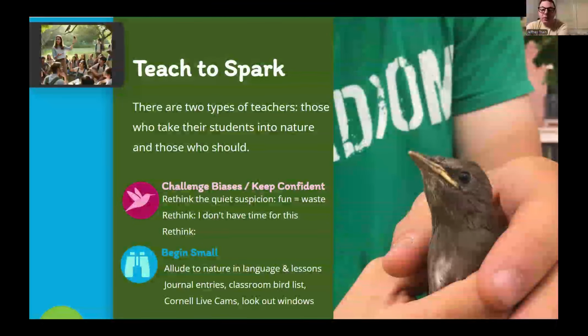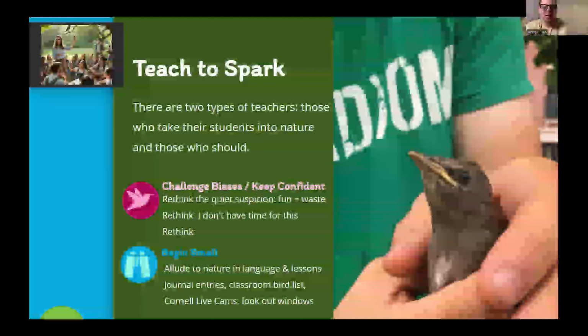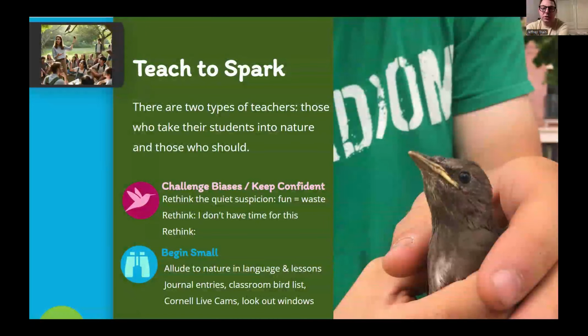I would always say, and I tell this to people, start small. Just because you're inside doesn't mean nature can't be there as well. And so I think going outside is actually capitalized upon when you make it a part of your classroom. There's a great book called What the Robin Sees, and in that book, the writer talks about having a sit spot.